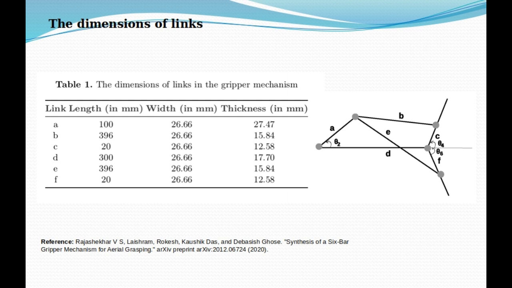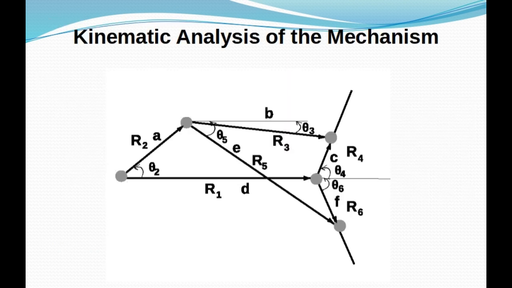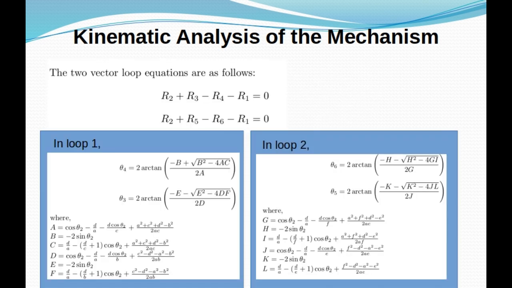In this work, we are going to talk about the kinematic analysis of the mechanism. As you can see here, theta 2 is the angle which actuates the mechanism, and theta 4 and theta 6 are the output angles. This mechanism is based on two loops, one 4-bar and the other can also be treated as a 4-bar, which are written using vector loop equations.